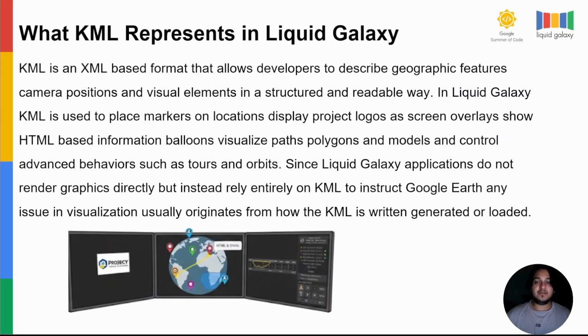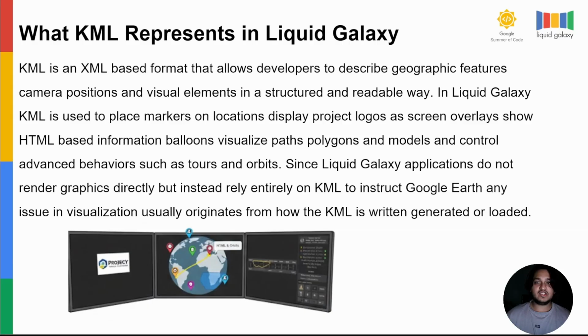Now that we understand why KML is important, let us look closely at what KML actually represents inside the Liquid Galaxy system. KML is an XML-based file format, which means that it is a structured markup language similar to HTML. Its main purpose is to allow developers to describe geographic features, camera positions, and visual elements in a structured and readable way.